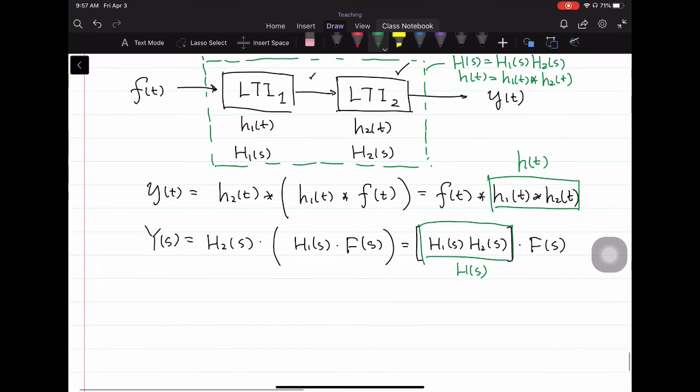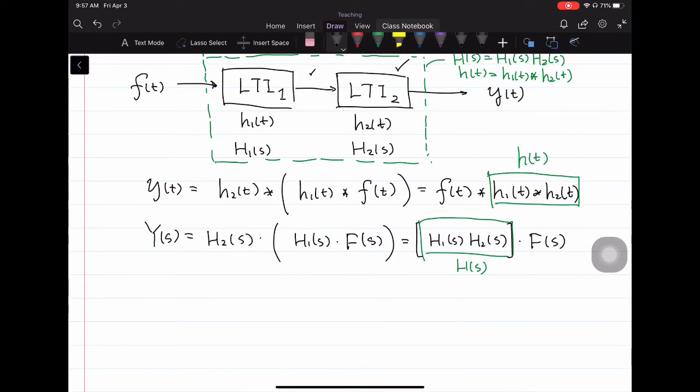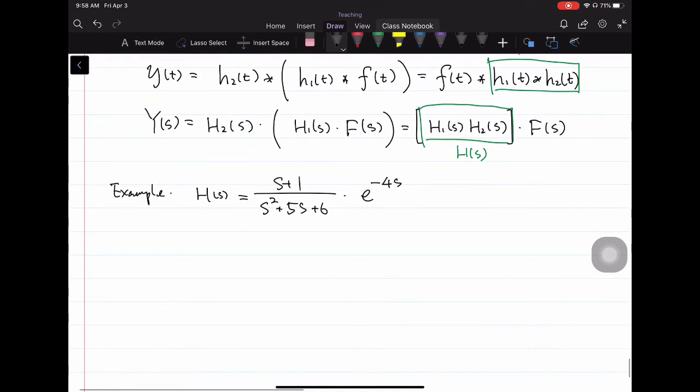And for this, we can look at just one simple example, something that we have seen before. Let's say we have a transfer function H(s) equal to, I'll just randomly give some numbers. If we have this transfer function connected through this product, it corresponds to the serial connection naturally.